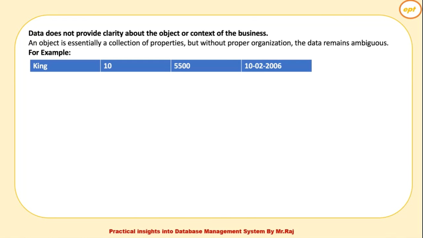So the name King could be anything, right? Maybe a person's name, a company's name, a brand name, or a nickname. It's a lot of confusion, right? If you have data like this, will you be able to take any decisions with respect to your business?